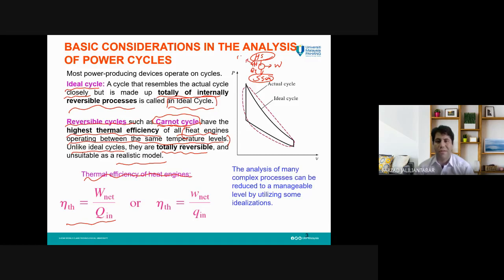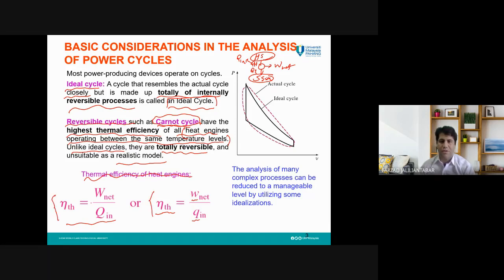So the thermal efficiency of a real heat engine is equal to W net divided by Q in, or it can be expressed in terms of the mass unit, like the lower W, lower Q. It's just thermodynamics. The previous subject, you need to know about that.